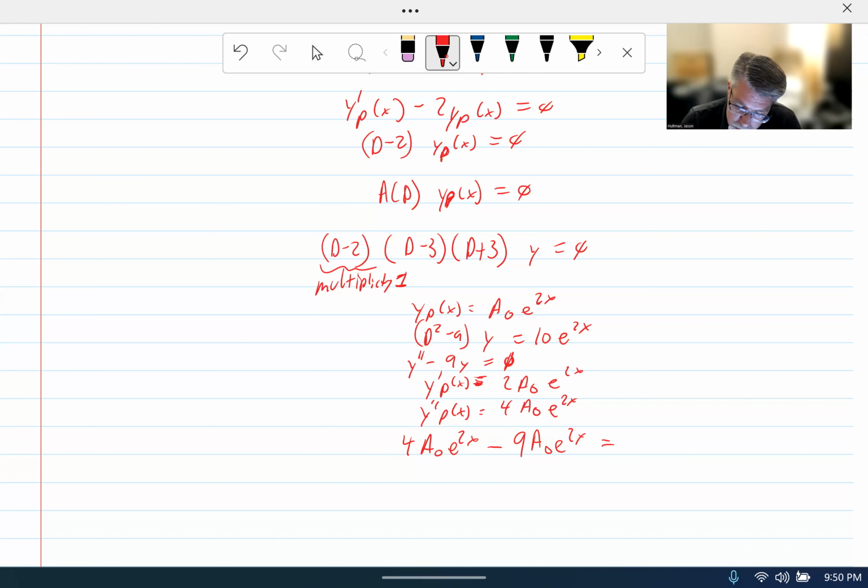Sorry, this is equal to not 0. Why I said 0. That's equal to 10 e to the 2x.